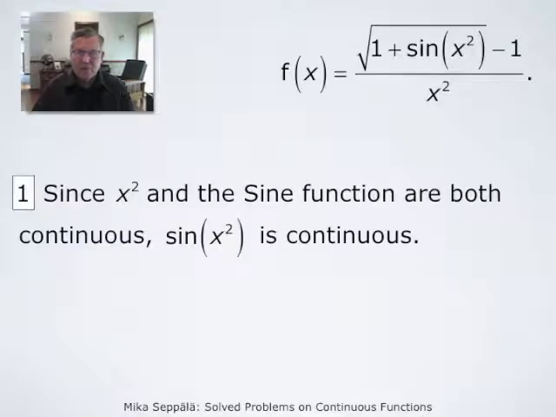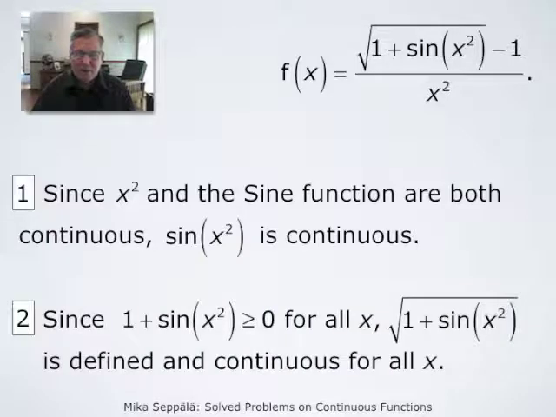First we observe that x squared and sine are continuous functions, therefore also sine of x squared, as a composition of two continuous functions, is continuous. And likewise 1 plus sine of x squared is continuous, and then we observe that 1 plus sine of x squared is never negative.